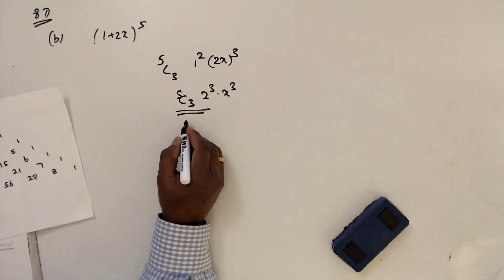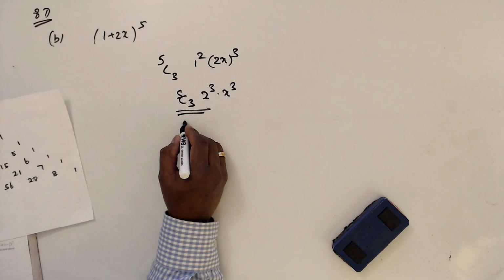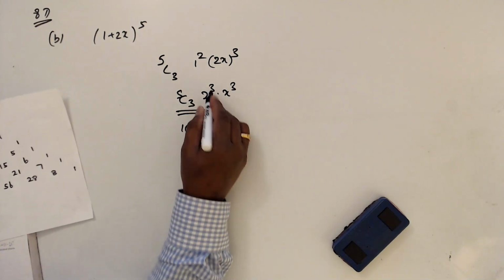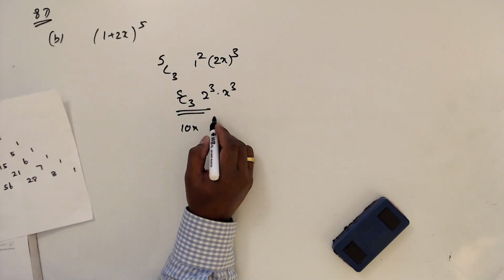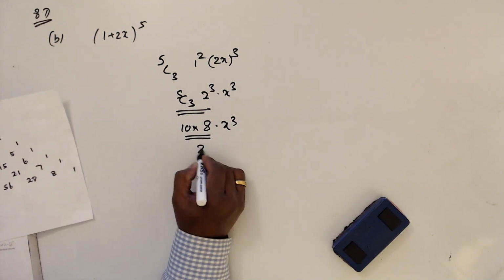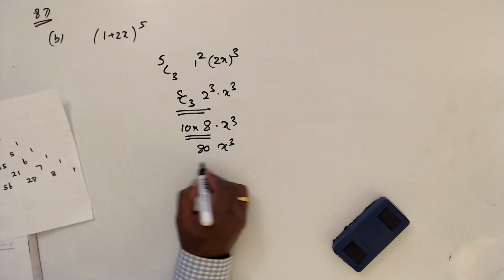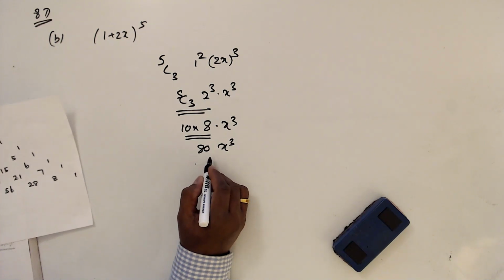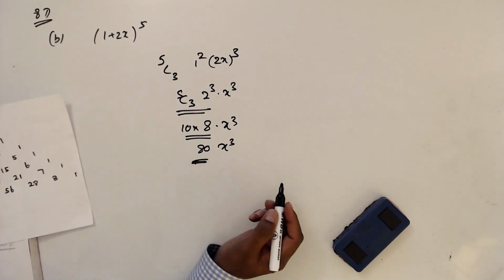So 5c3 means 10 times 2 to the power 3, which means 8 x cubed. So this is going to be 80 x cubed, and the coefficient is 80.